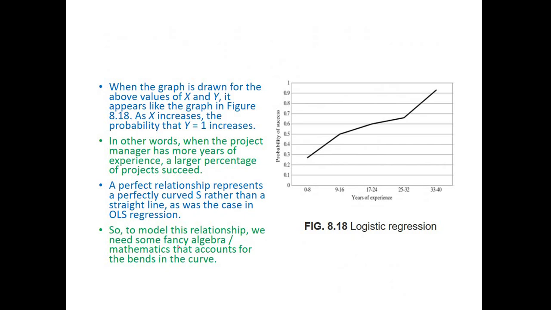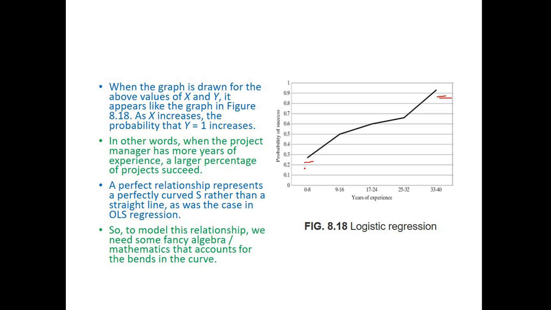When we plot this data using logistic regression, we can observe that the probability of success for a given project will be high when there is greater experience for the project manager, and the probability will be less if the experience is less.